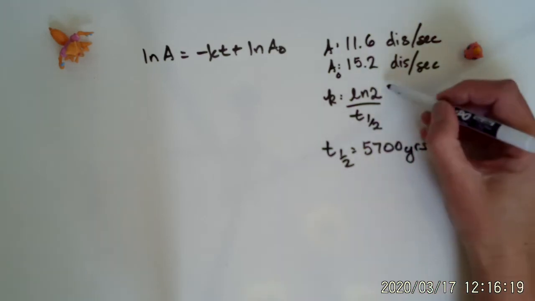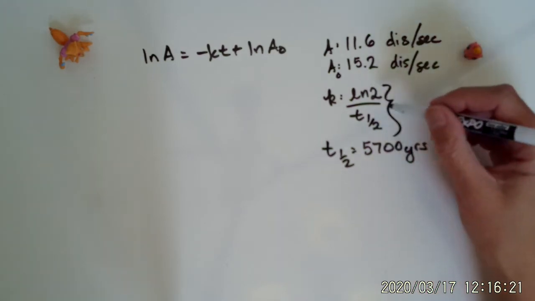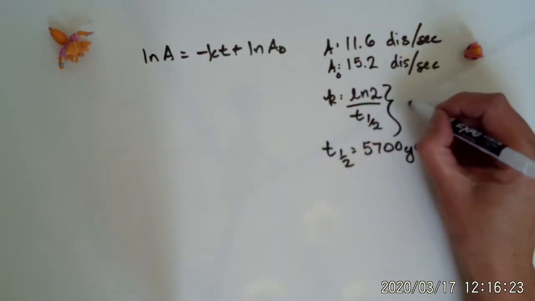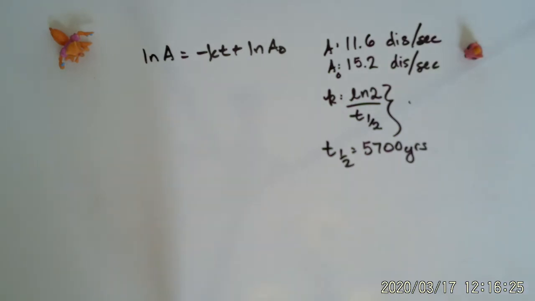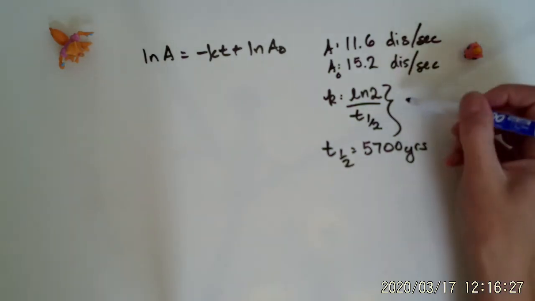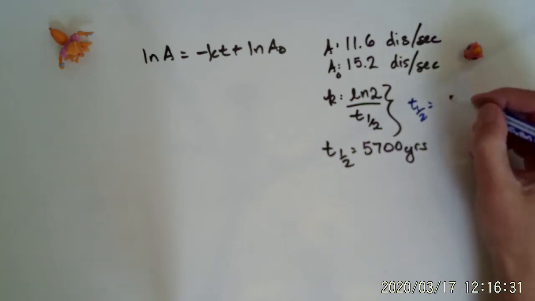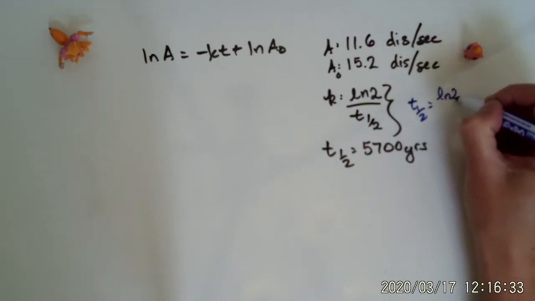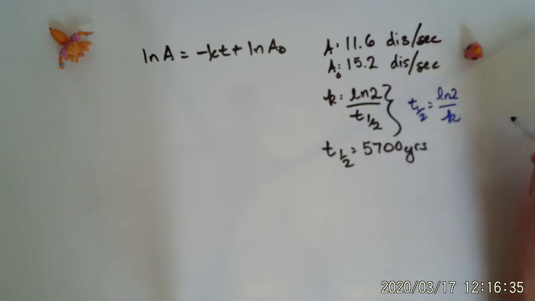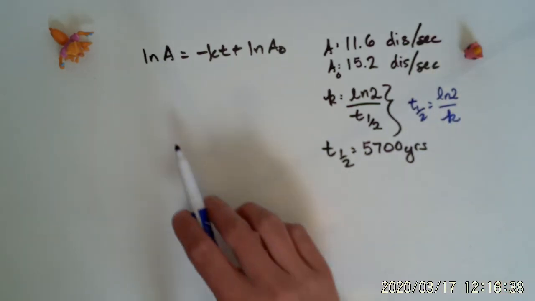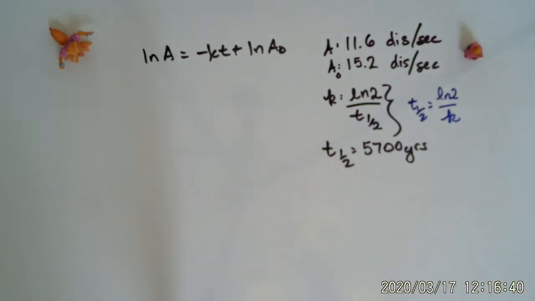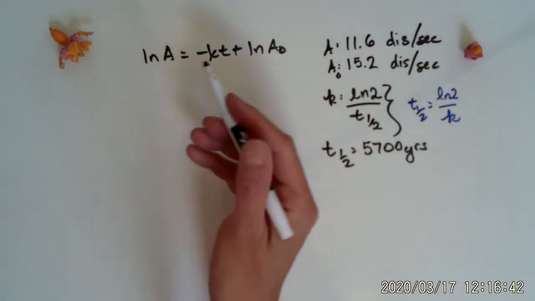Okay, this formula basically comes from the half-life. The half-life for a first order reaction is natural log of 2 over k. Okay, so now what we'll do is we'll go ahead and rewrite it to solve for t.